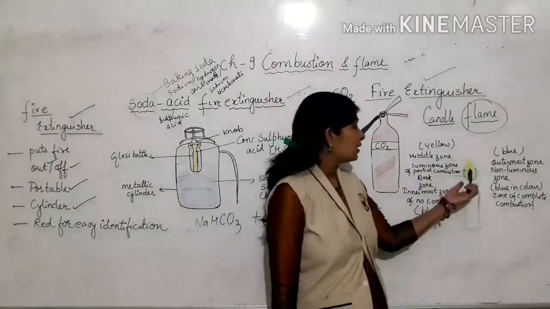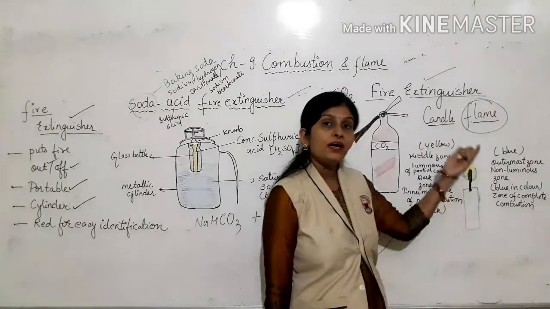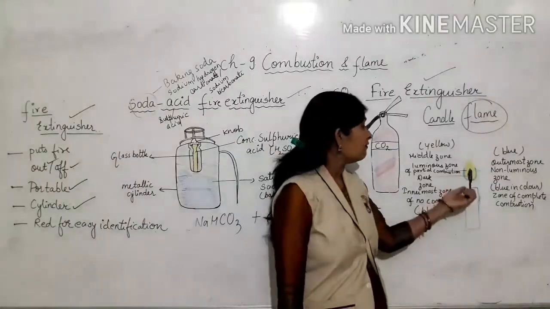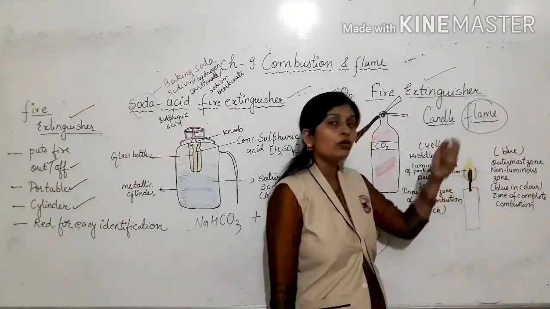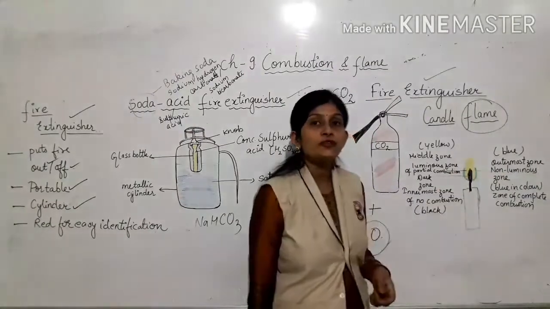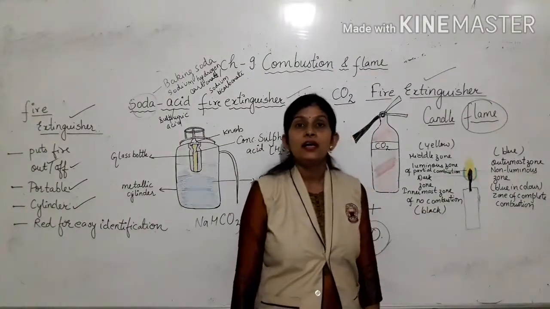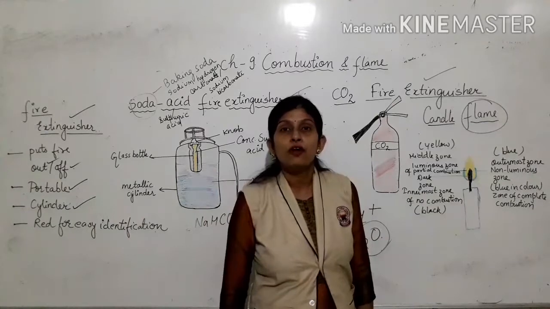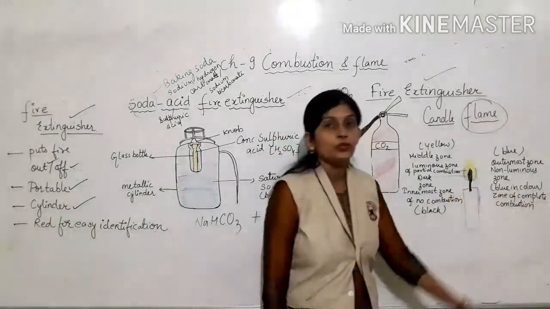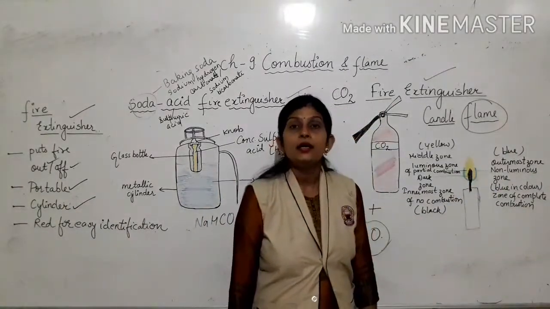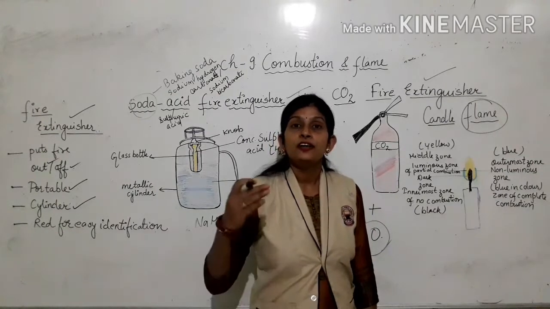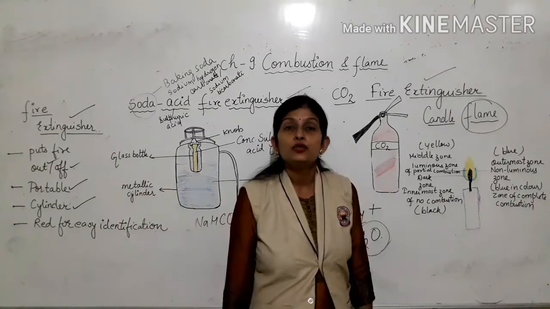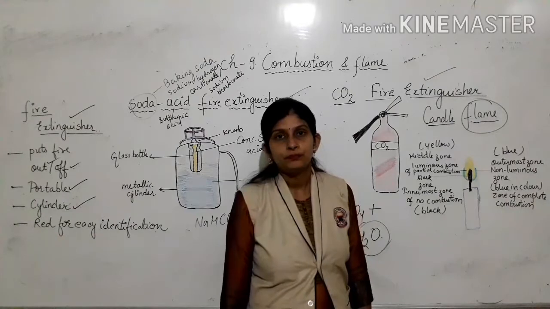As this candle burns, wax vapors come out of it, and those wax vapors burn in different amounts of oxygen in different zones and produce differently colored zones of the flame.